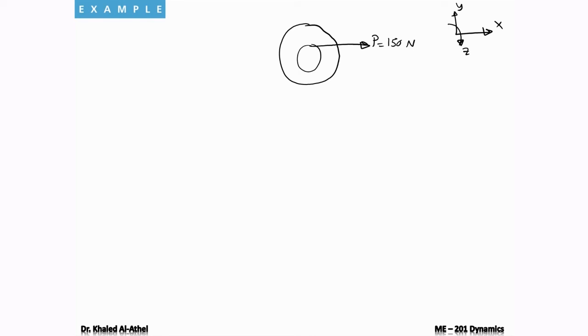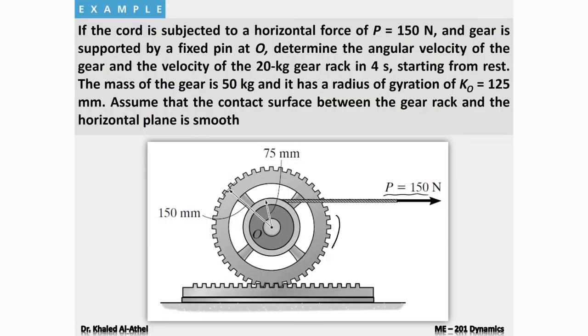I also have the weight acting downward, which is the mass times gravity, 50 multiplied by 9.81. I also have, if you look at this problem, the gear is going to rotate something like this. So the gear is going to push this rack in this direction, and the rack is going to give an opposite force in that direction. So I'm going to put the force to the right.